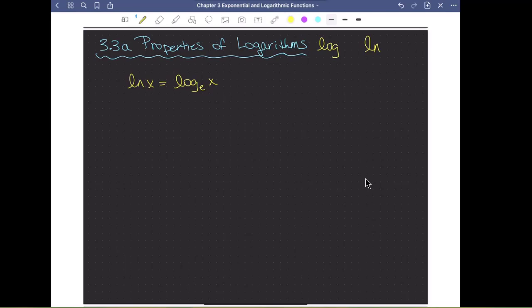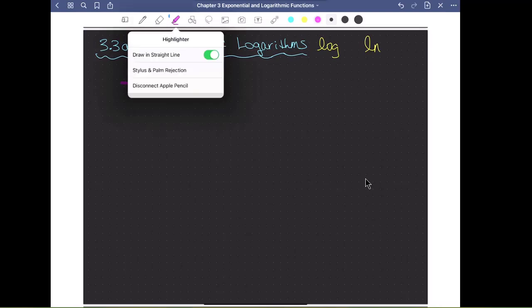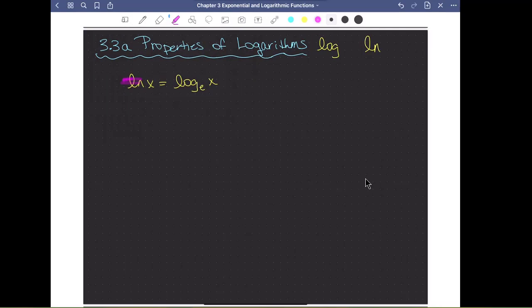Maybe that's why we like to do it. Let's see if the highlighter shows up. Probably not. Oh, that's not thick enough. Right. So that ln and that log base e, those are the exact same thing. That's the only thing that's different in that problem.